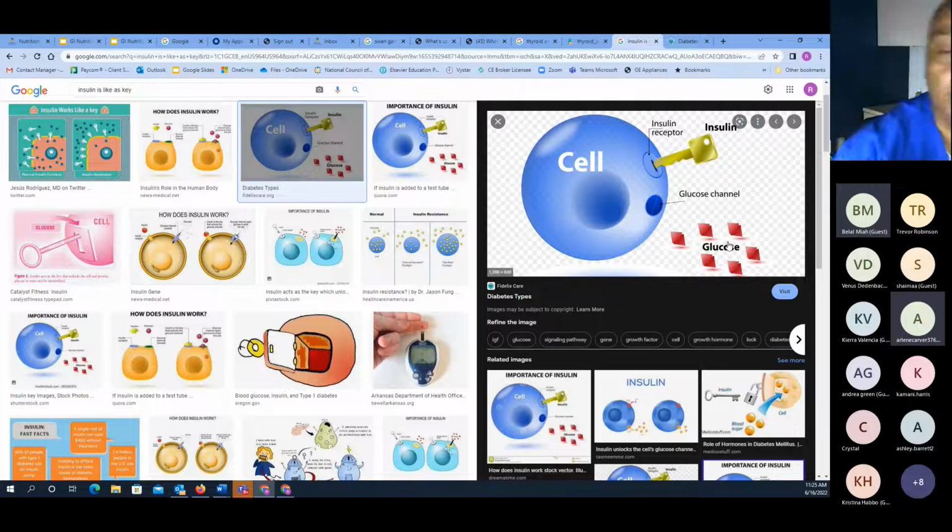And therefore, the body would not eat itself or eat its fat, right? And so you won't develop the ketosis. And this is in your type 2. All right. Does anyone not understand that?